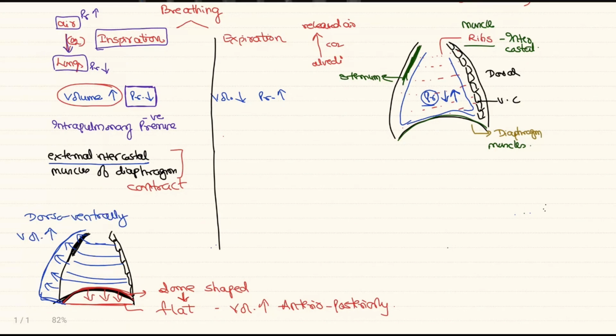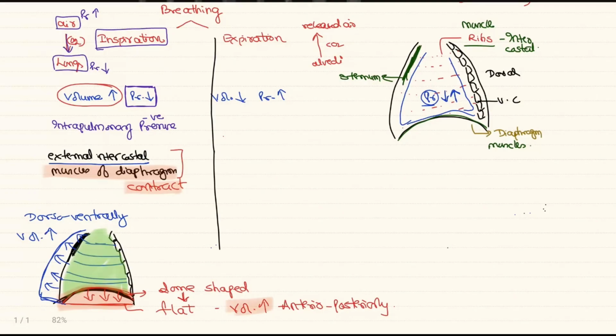So let's understand again. The green color is the normal relaxed condition. Now what changes are occurring, just observe here. Two muscles are involved. The first one is the muscles of the diaphragm. As the muscles of the diaphragm contract, the dome-shaped diaphragm will become flat, and we can see this red area has increased now.